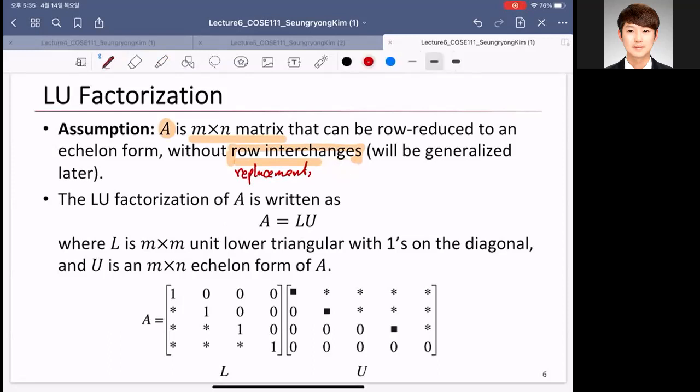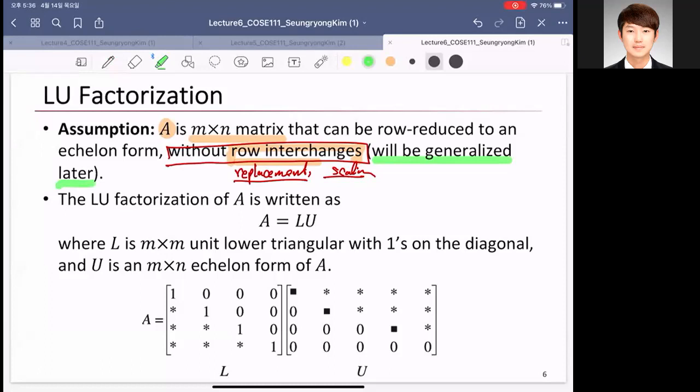One of the assumptions is that in this row reduction algorithm, we do not require row interchange, which is a constraint that will be generalized later. Then we can apply LU factorization to any kind of matrix A.